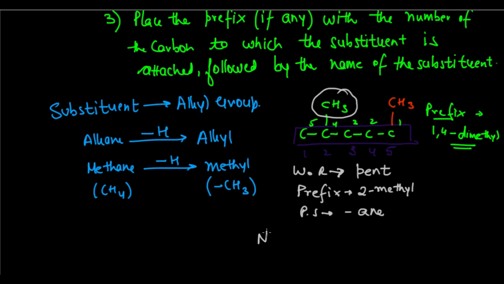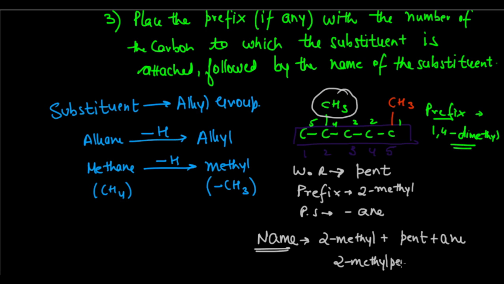So ultimately the name of this compound, if you go by the structure, is 2-methyl plus pent plus ane, you will get 2-methylpentane. This is the name of this organic compound, 2-methylpentane. Okay, just ignore the substituent. The substituent is not there originally. Okay, fine. So we are looking into the original group.